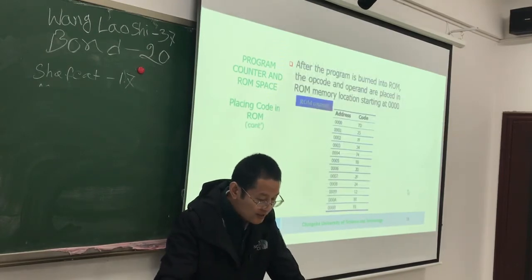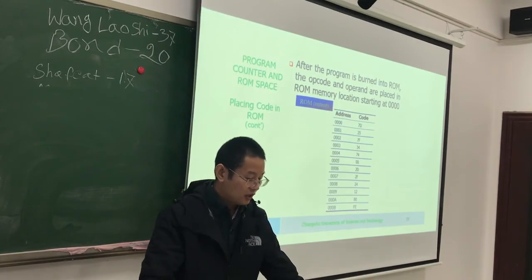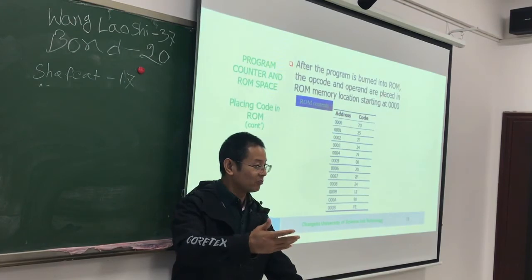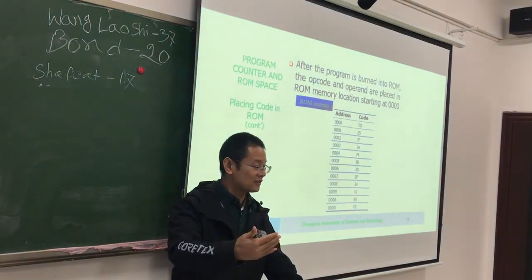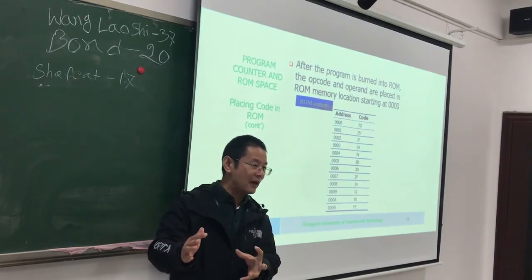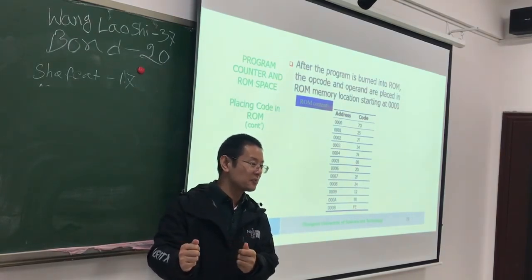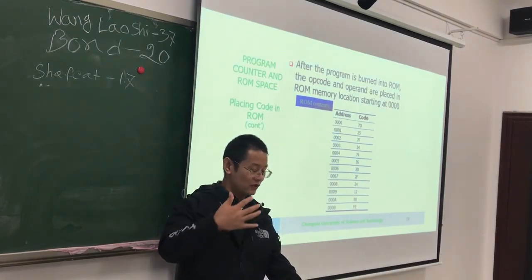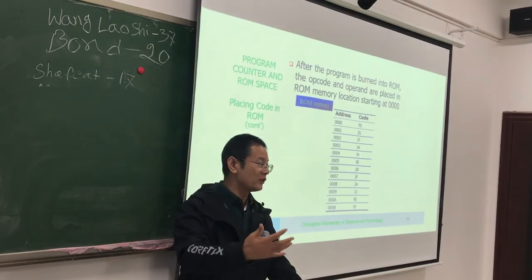After the program is burned into ROM, the opcode and operand are placed in ROM memory locations starting at 0. You know what is burned into the ROM: just write your code to the ROM on the microcontroller. Now we can write the code very easily.